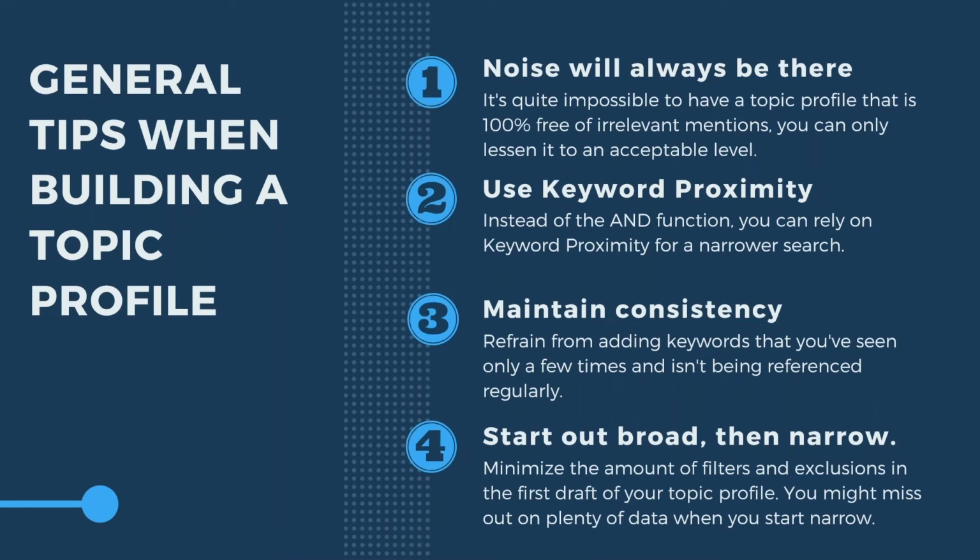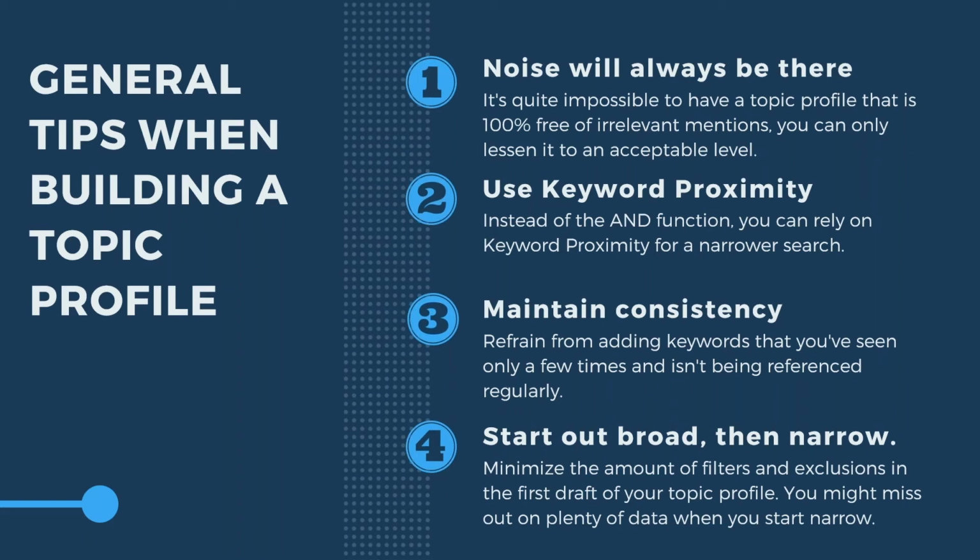You can only lessen it to an acceptable level. So long as the ratio of relevant or significant mentions for your brand is higher than the irrelevant mentions, then that is at an acceptable level, and that means your topic profile is well optimized. So you can never 100% eliminate noise.